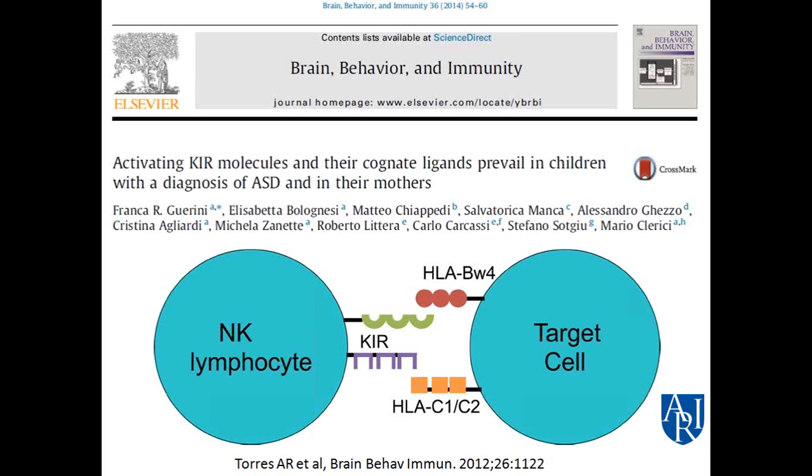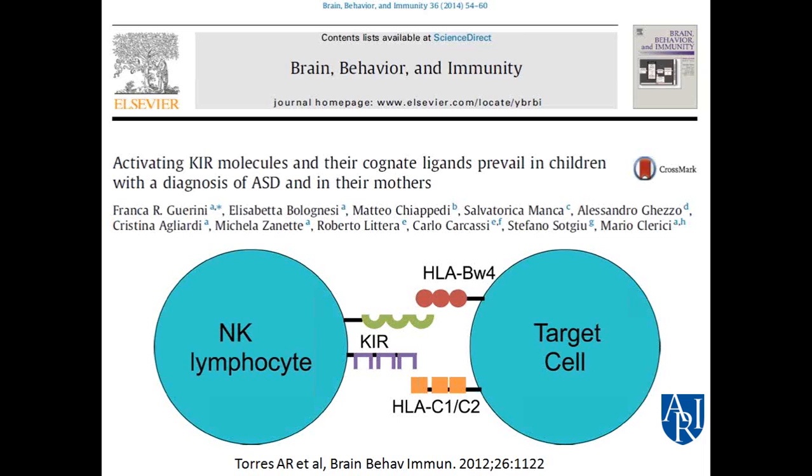They don't have to be primed by previous experience, and they rely on proteins on their surface called the killer inhibitory receptor, and this varies in autism spectrum disorder, and they find that this is associated with decreased NK function because of differences in the protein.